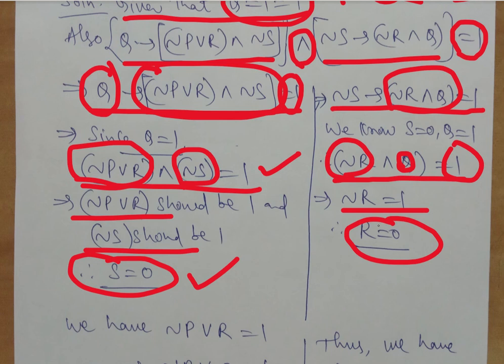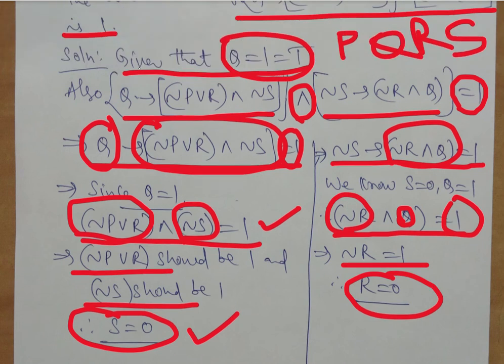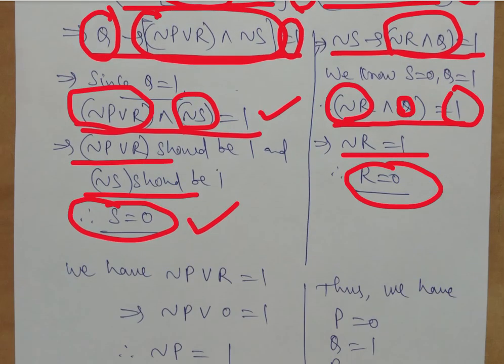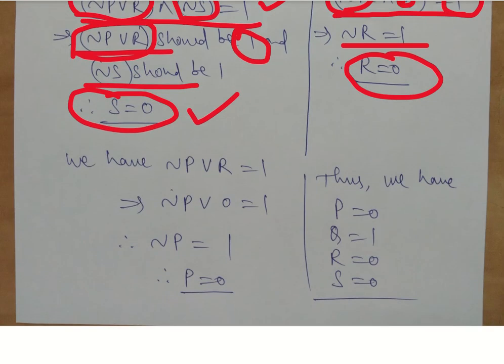Using this, we should get the P value. So let's search where P is associated with S, Q or R. Here P is associated only with negation P or R. Somewhere we have proved that negation P or R is 1. So I will use that. Negation P or R is equal to 1. R is 0. Negation P or 0 is equal to 1.